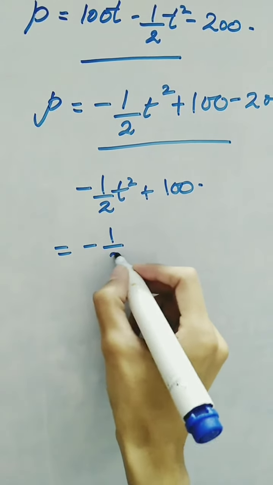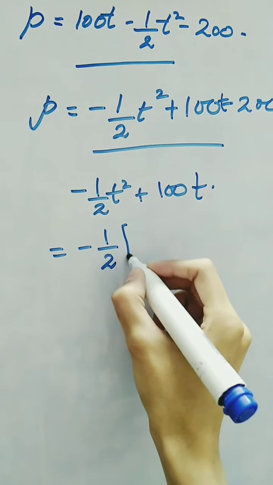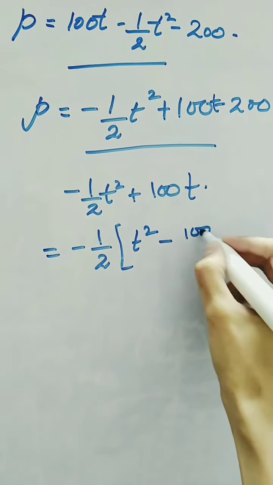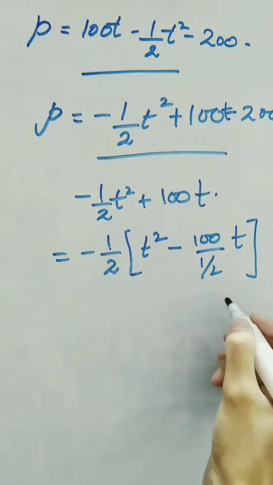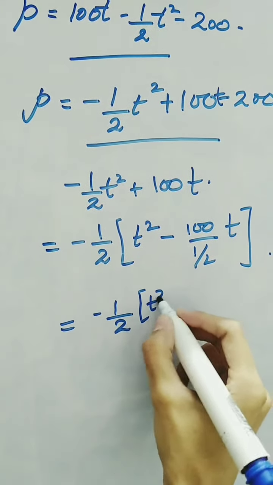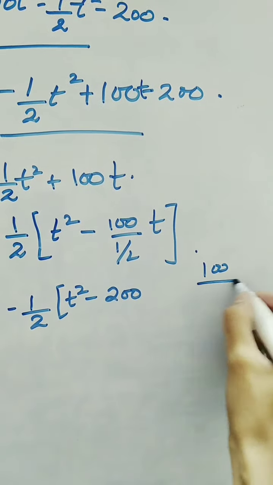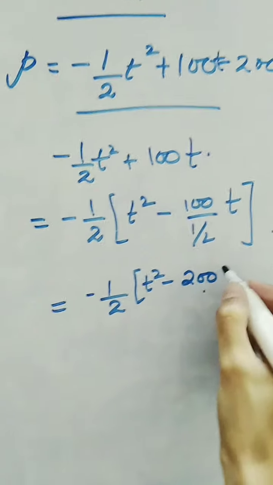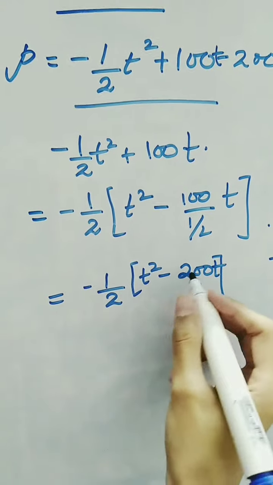We are going to take minus half common, so inside the bracket we have T squared minus 200T, as 100 divided by 1 over 2 is equivalent to 100 multiplied by 2 over 1, so it becomes 200T. When this multiplies with minus half, it becomes again 100T.